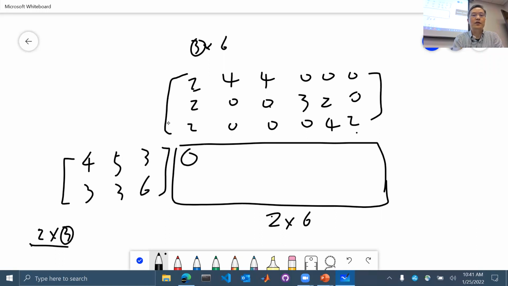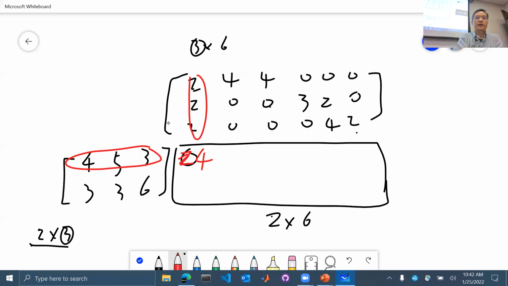So this first value will be the row here and the column here, and they multiply: 8, 10, 6. So that's 24. That's 4 times 2, 5 times 2, 3 times 2, and then sum.